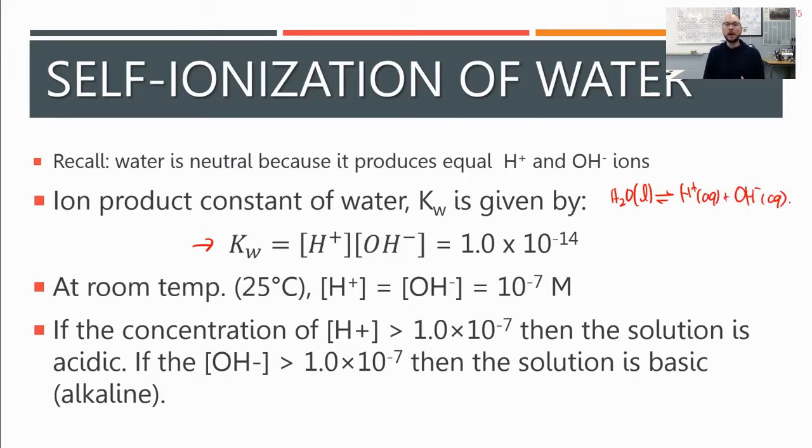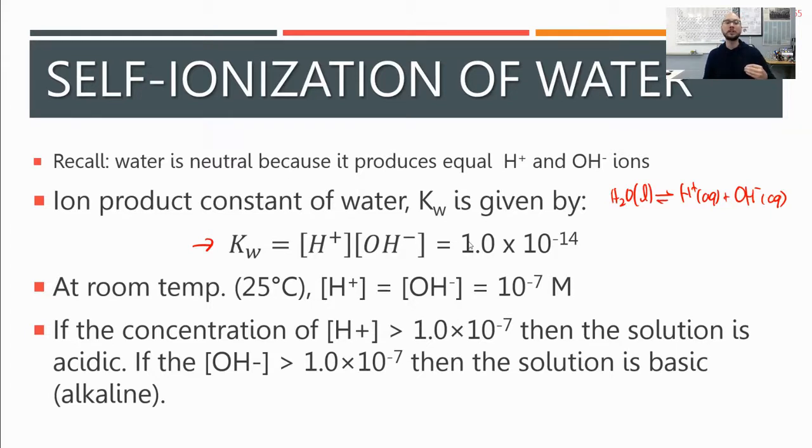We don't see this H2O liquid because remember, liquids are not included in equilibrium expressions. So Kw, it turns out that the extent that this happens is 1.0 times 10 to the negative 14, which means about 1 in every 100 billion breaks down. So a very, very, very small amount.